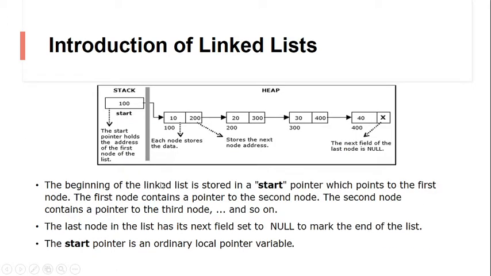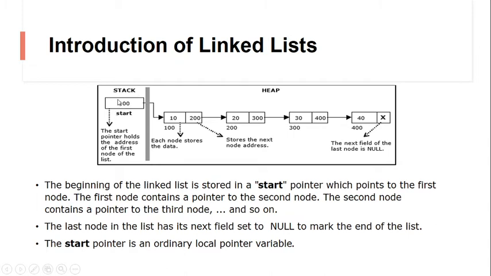For the diagram, the beginning of the linked list is stored in a start pointer, which points to the first node. The first node contains a pointer to the second node. The second node contains a pointer to the third node, and so on. Just like here in the diagram, the first node was addressed at 100.